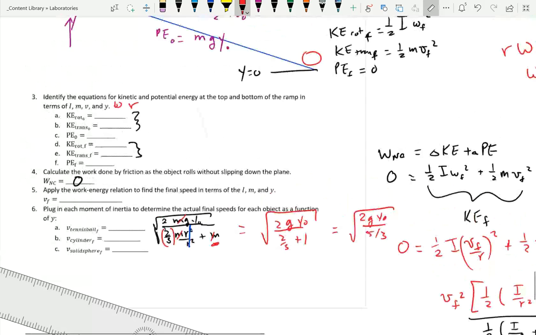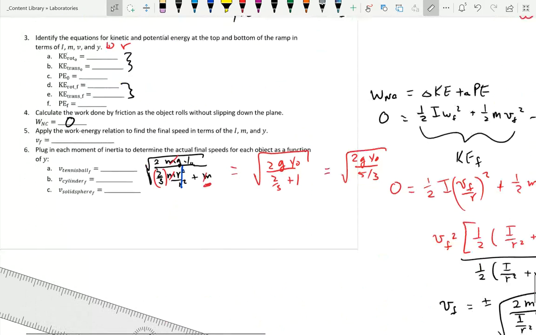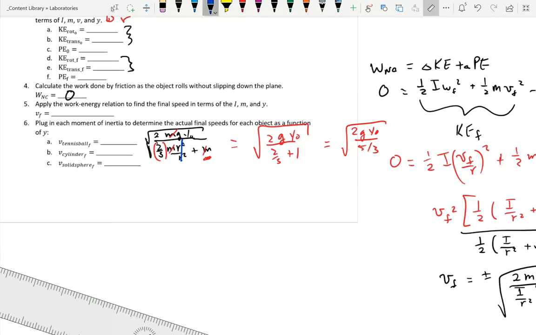What's different for the cylinder? The only thing that's different is the 2/3 becomes 1/2. So for the cylinder, I can short circuit my work.